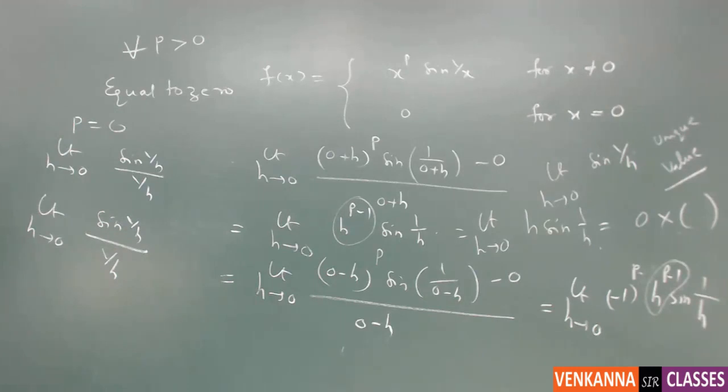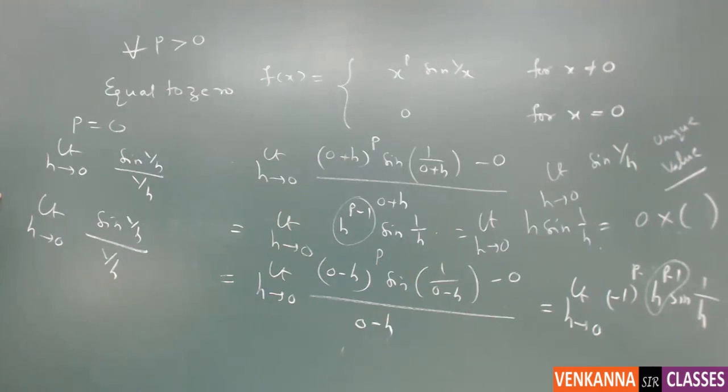So what could be its value? Are they equal? Are they giving any unique value to us? So for p is equal to 0 and for p is equal to 1, you cannot get a unique value.